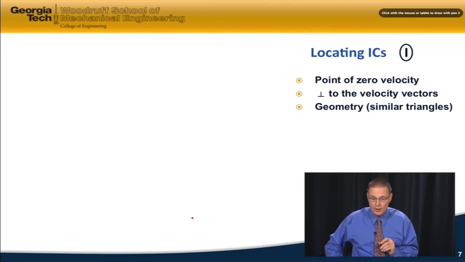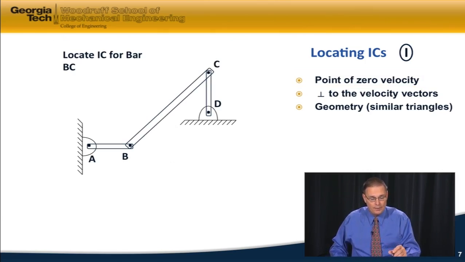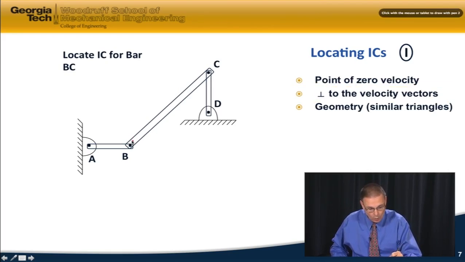The next tool is to look at the perpendicular to velocity vectors on the body. And so I want to find the IC for bar BC here. And so I know that the velocity of B, because AB is a rod, rotation about a fixed axis, the velocity of B can only go up or down.